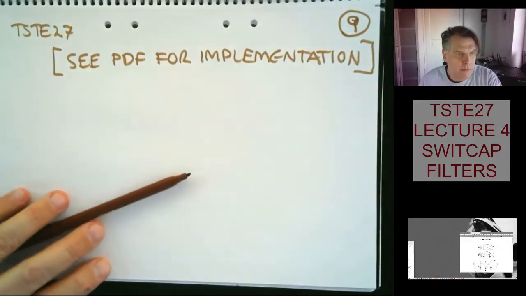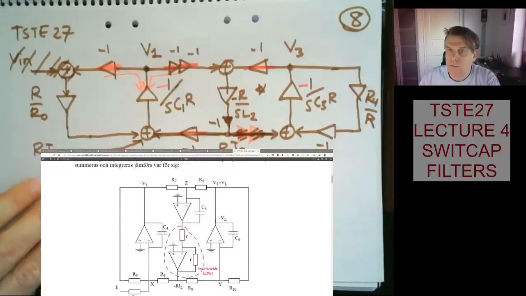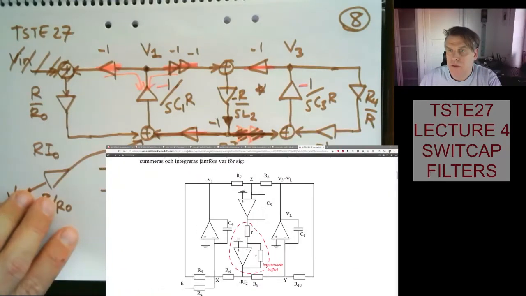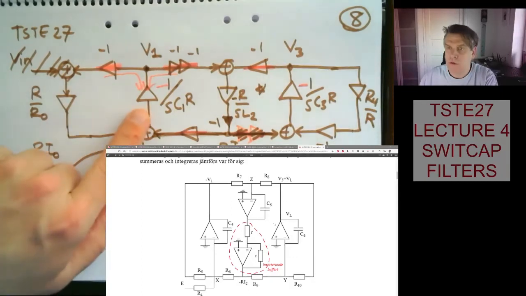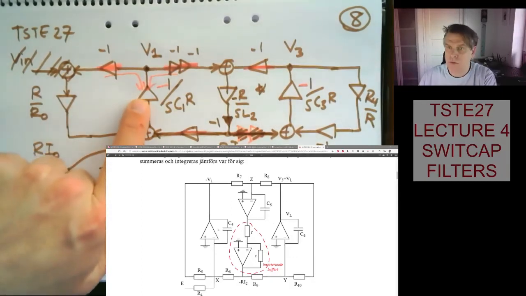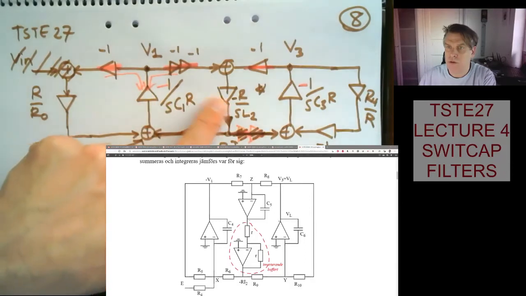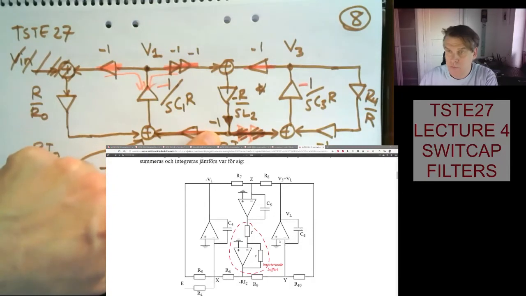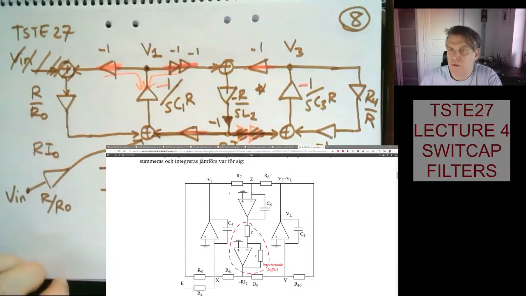Okay, or maybe we should just, so essentially what we see, the three integrators, we find them also in the schematic. So this is the first one, and that's the second one, and that's the third one. And then we have to do an inversion with this -1 using this inverting buffer. And the addition is done through the resistors.